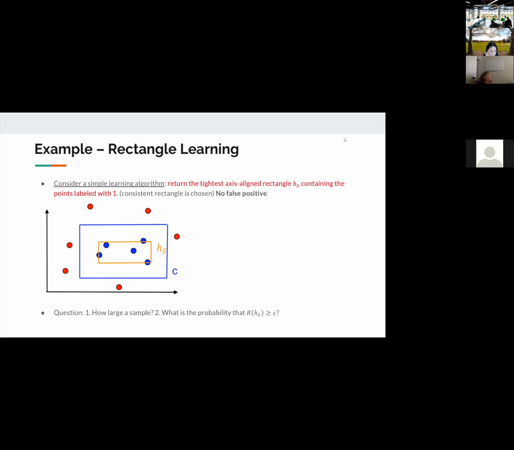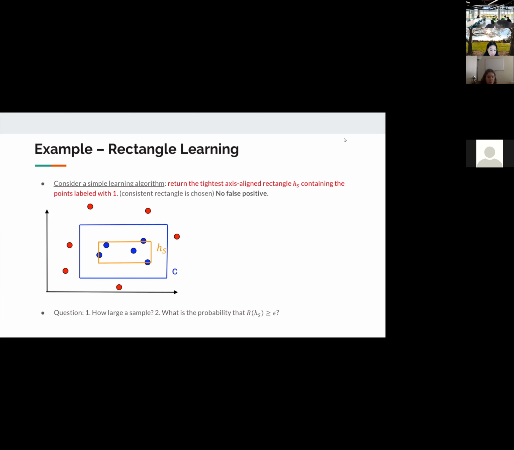Now I'm going to consider a very simple learning algorithm, okay? What is that learning algorithm? This learning algorithm is very simple. It just returns the tightest axis aligned rectangle, h_S, that contains all the points labeled with 1, okay? So in this scenario, on this specific sample here, you will return this h_S that I'm showing here. Is that right?